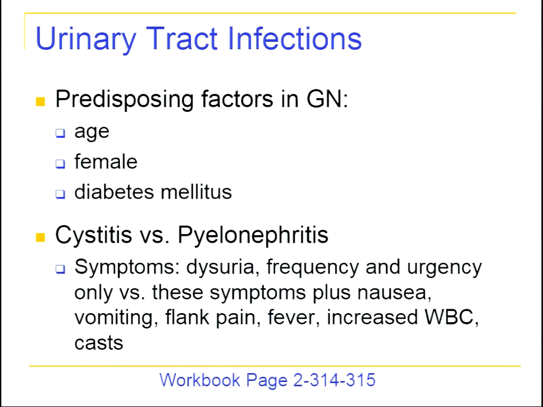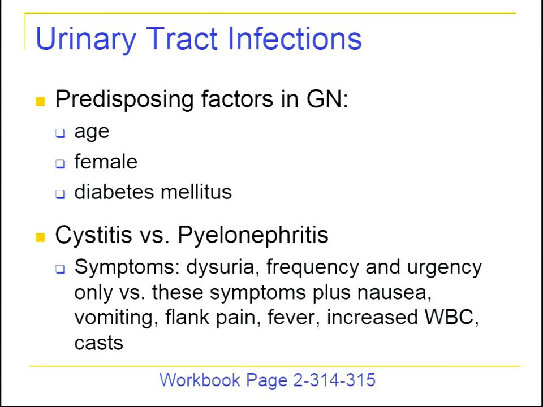Now, what are the predisposing factors in GN? So when you're addressing a patient with a UTI, you need to, again, sort of like in pneumonia, figure out what kind of a UTI it is, because that's going to direct you into the most appropriate therapy. So similar to as we talked about in community-acquired pneumonia, there's two different decision trees that you have to go through.